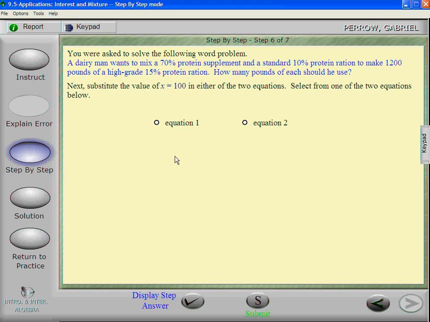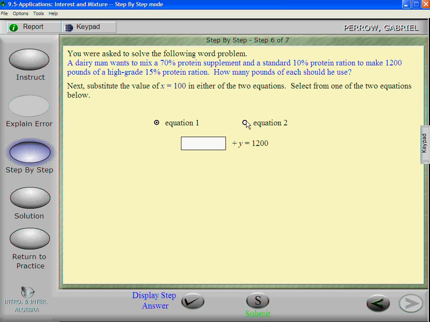Next, substitute x equals 100 into either of the two equations. I think I'd probably want to do the equation that was, did I list it there? Equation 1, equation 2. Let's see what they want. Okay, so they already set that up.